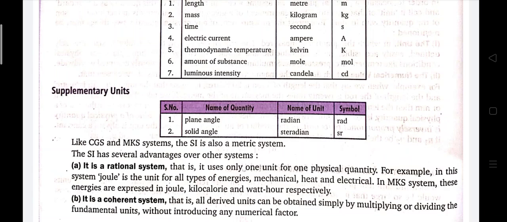The third point: in electricity, SI units are the same as the practical units. The SI units for current, potential, resistance, inductance, etc. are respectively ampere, volt, ohm, Henry, etc.